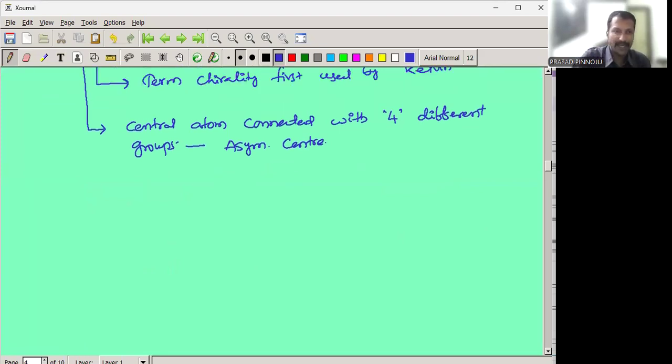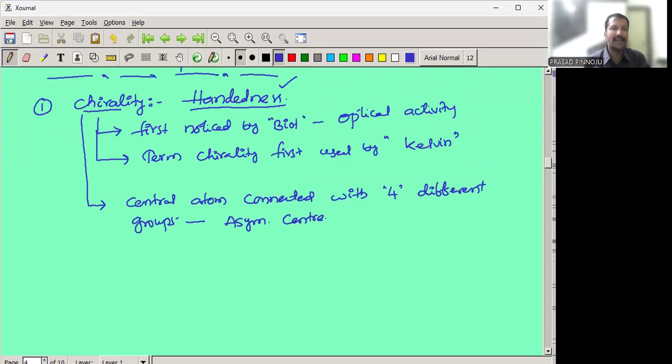That is about handedness considered as chirality. This is considered the definition. The second one is considered the asymmetric center. This is the difference between chirality and asymmetric center.